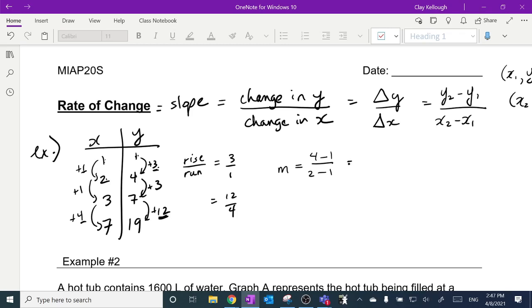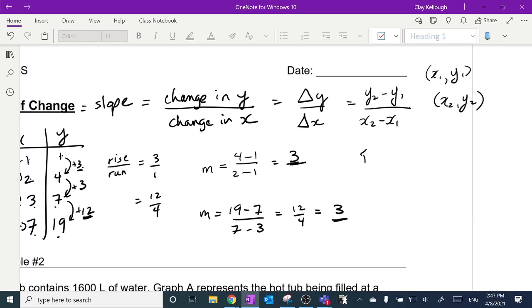And notice this gives you 3. And if I take these 2 points here and call this one my x1 and my y1, and my x2 and my y2, the slope is 19 minus 7 over 7 minus 3, which gives me 12 over 4, which gives me 3. The slope is 3. So I'm going to write that in words.